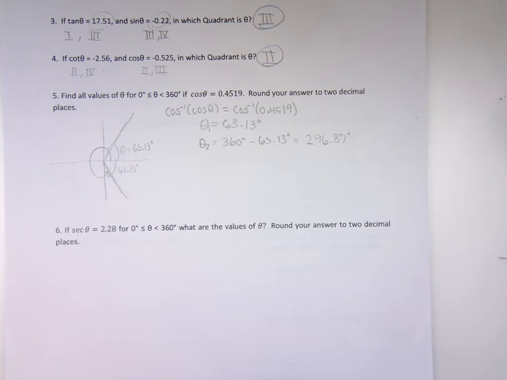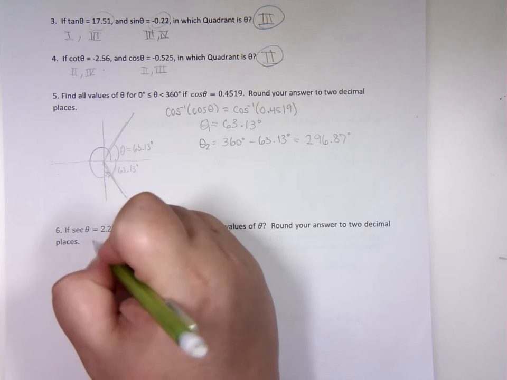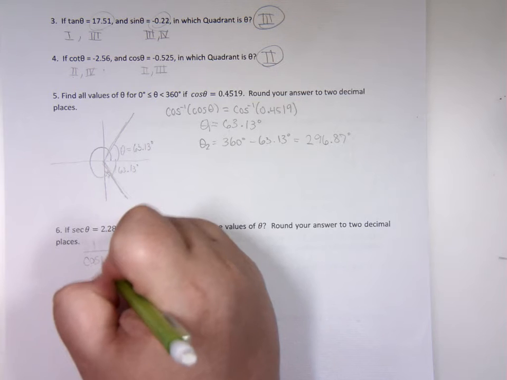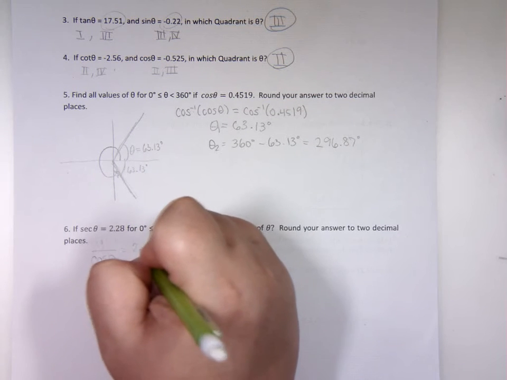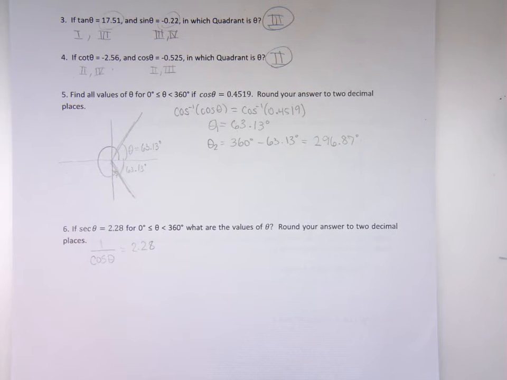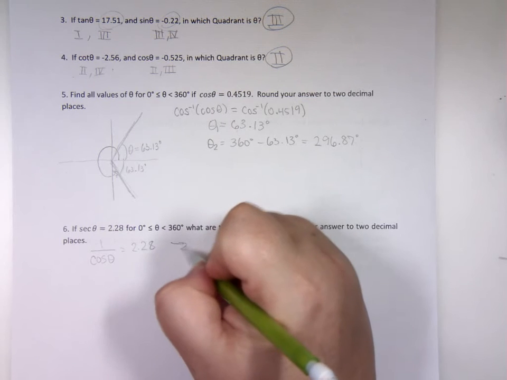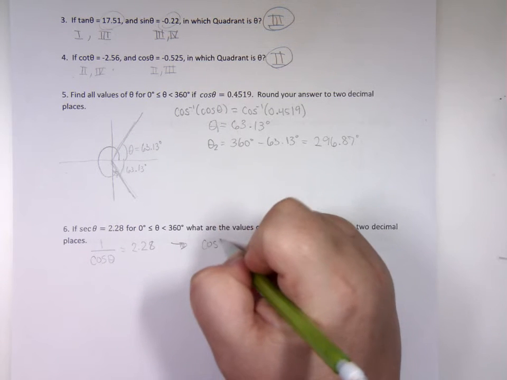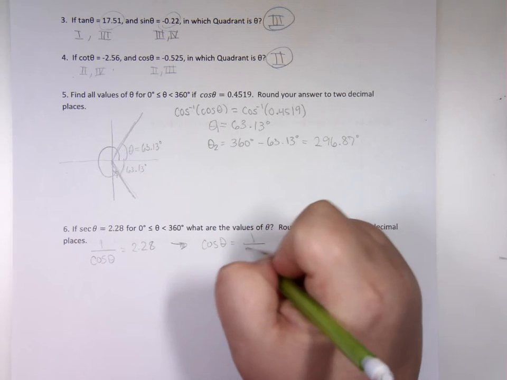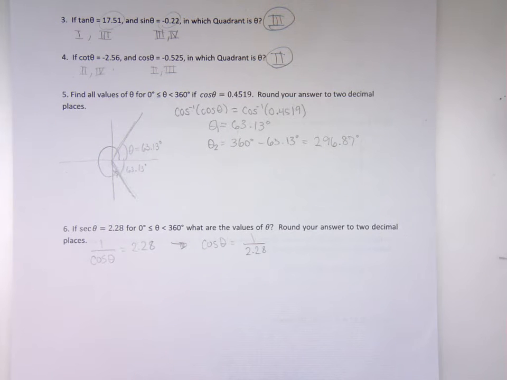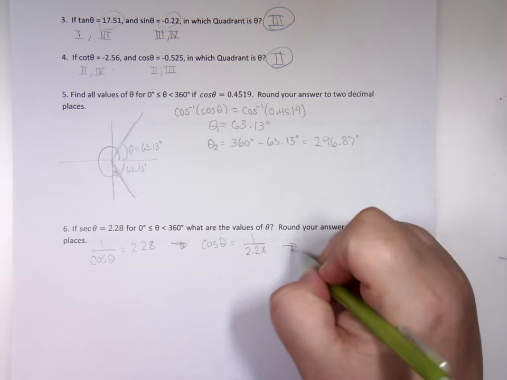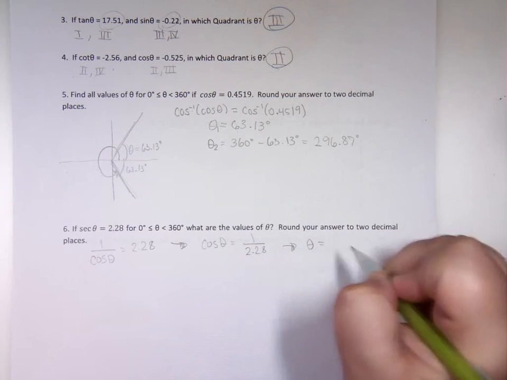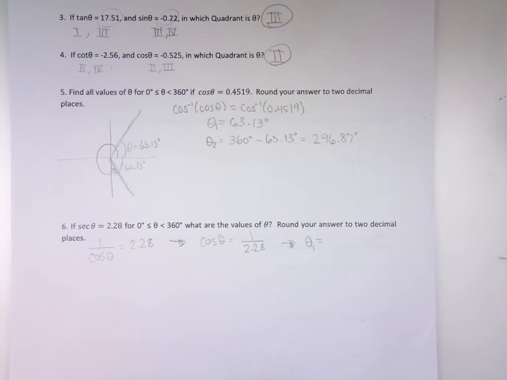Okay. Next, secant theta is 2.28. So we've got 1 over cosine theta equals 2.28. So we can take the reciprocal of both sides. We can say cosine of theta is equal to 1 over 2.28. So then we take the cos inverse of both sides. So that tells us that theta, and I'm going to call this again theta 1, because there are two values of theta.